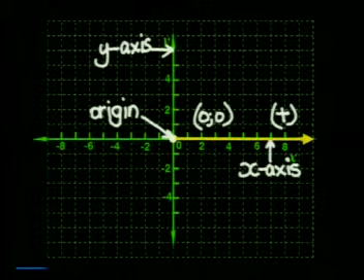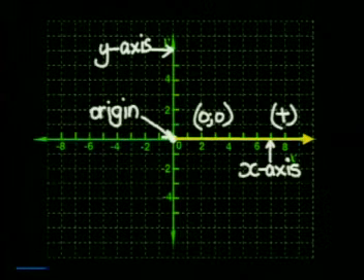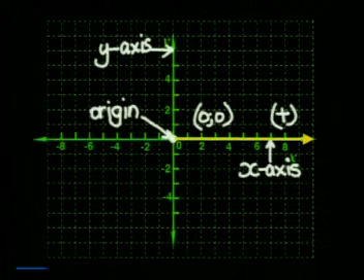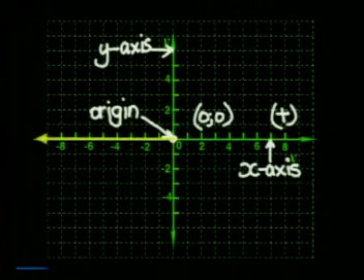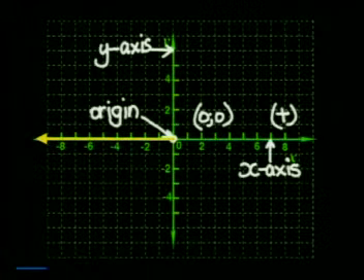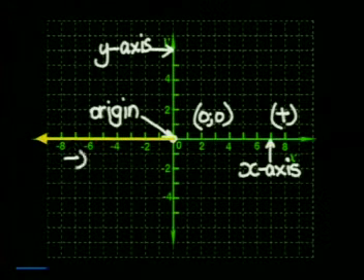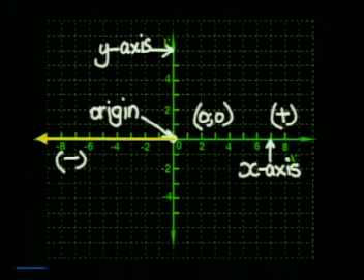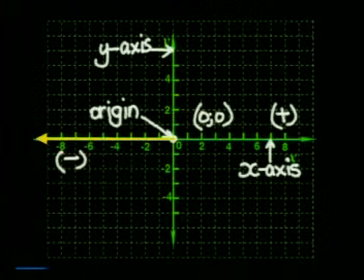For example, 1, 2, 3, 3.5, etc. So we are counting forward from 0 at the origin. But if we move left along the x-axis, the x-coordinates will all be negative. For example, -1, -2, and so on, because we're counting backwards from the 0 at the origin.